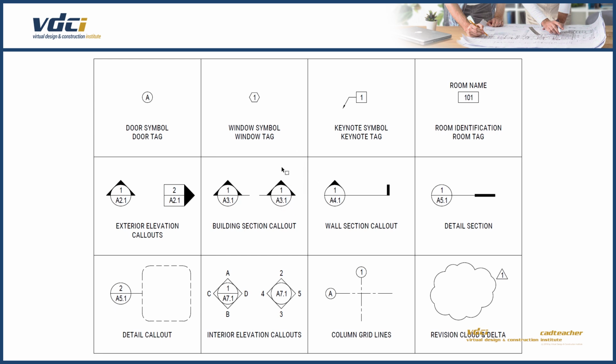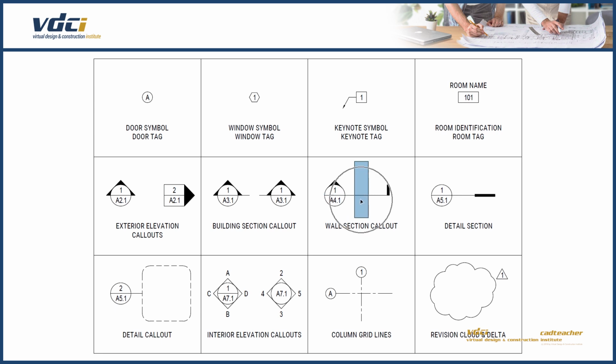Similar to the building section is the wall section. This callout looks very similar, but it is the little hat compared with the big hat on the building section. The wall section will only cut through part of the building, usually the wall and some of the connected floors, ceilings, and roofs. If we look at the symbol, this horizontal line would say that the wall section is cut through here, so it's looking through the wall that goes right here.